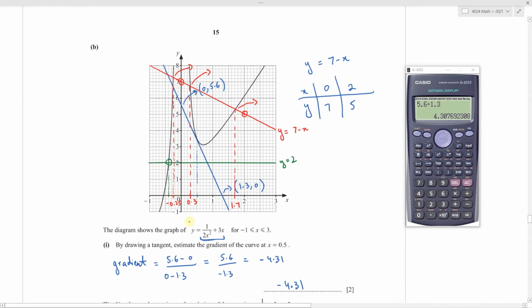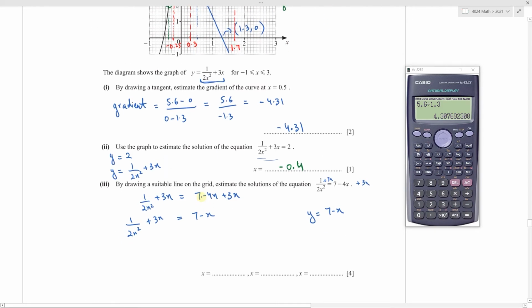So these are the three possible solutions. Let's write them down. Minus 0.25, and then you have 0.3, and the last one is 1.7. So that's how you'll solve this part.